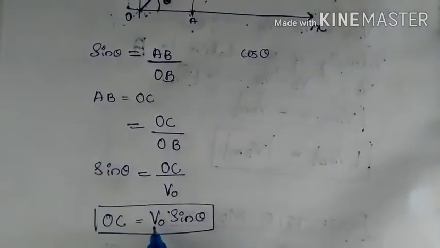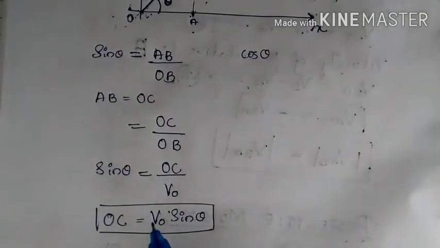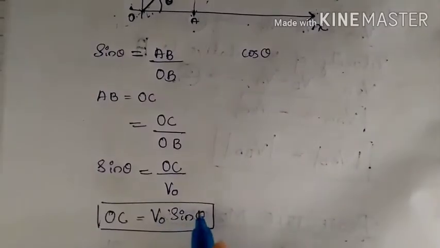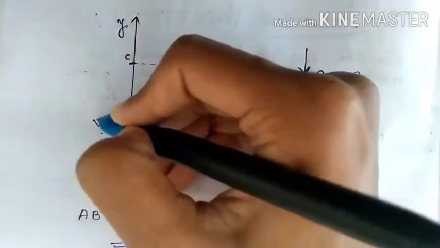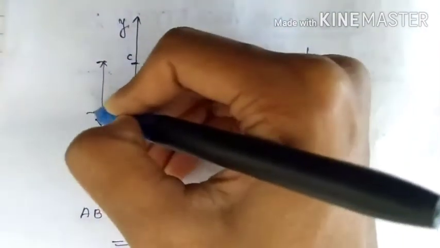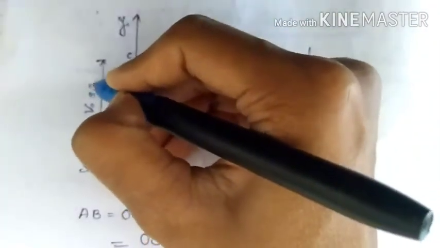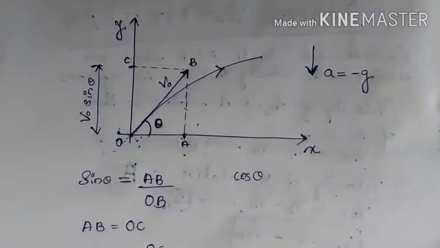So OC, the y component of the vector v naught, is v naught sin theta. Let me write this v naught sin theta in the diagram. This distance from here to here is v naught sin theta. That is the OC side on the y-axis.